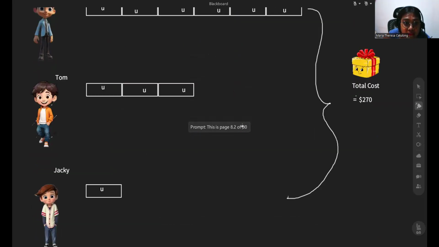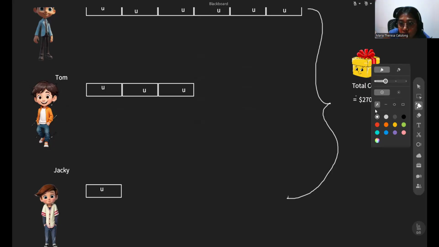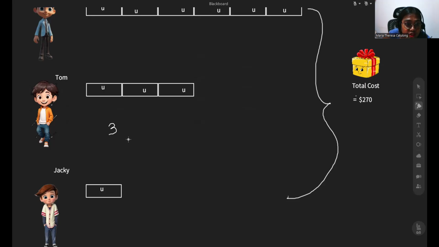So Tom will have 3 times as much as Jackie. Jackie has 1 unit and Tom has 3 times as much, so we will draw 3 units or 3 bars.